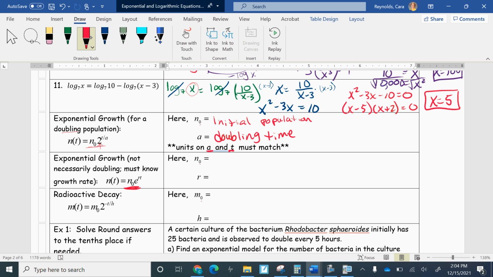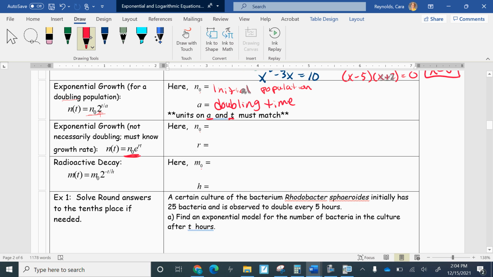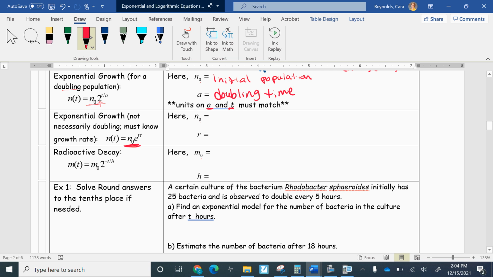So either they're both minutes, they're both hours, they're both seconds, whatever, they have to match. If you're not necessarily doubling, but you're still growing in some way, N sub 0 is still the initial size of the population. R is going to be your relative rate of growth.